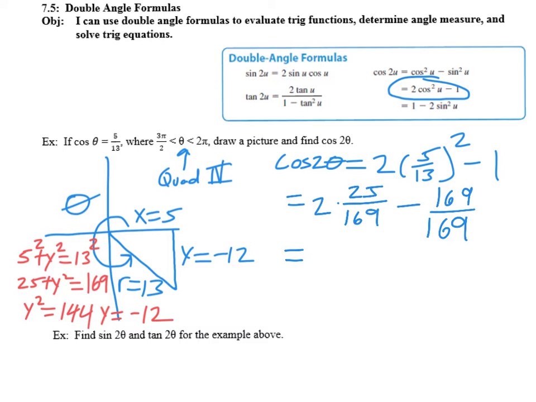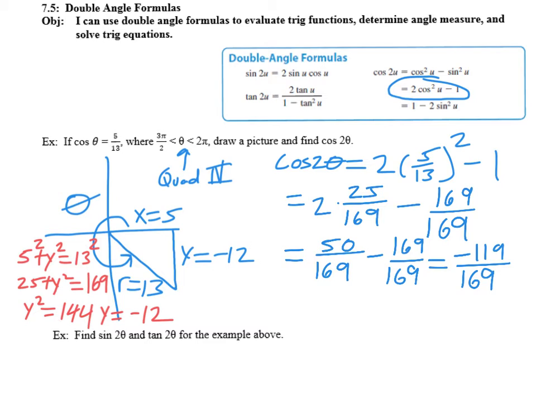I'm going to write 1 as 169 over 169. Multiply that first term by 2. Now we're all set up. 50 minus 169. Negative 119 over 169.